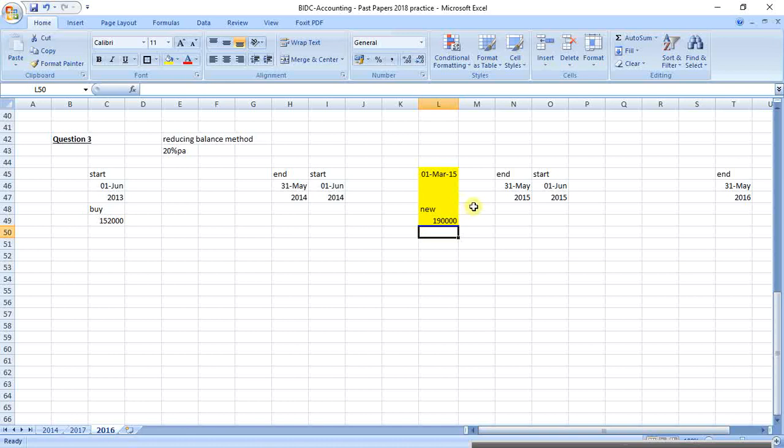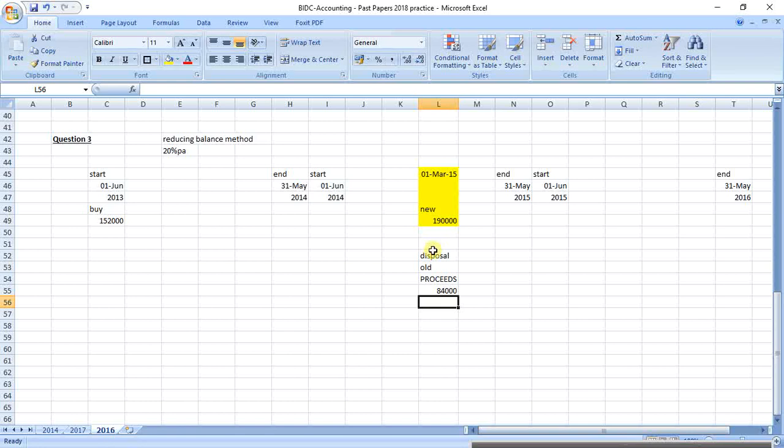Okay, so this took place when? On 1st of March, and then exchange, so disposal of the old. Proceeds were how much? 84,000. Okay, the balance was settled by a bank loan repayable over 3 years.